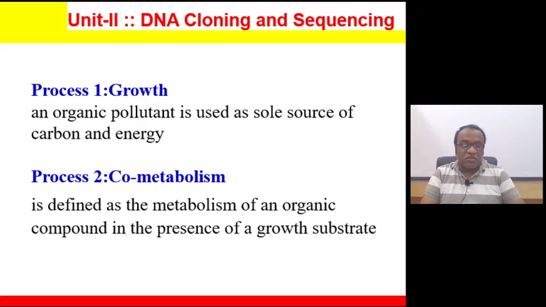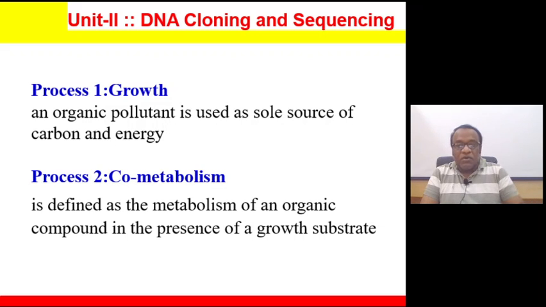Now in growth, an organic pollutant is used as a sole source of carbon and energy. Right? So what happens in process 1, that is growth? An organic pollutant is used as sole source of carbon and energy.